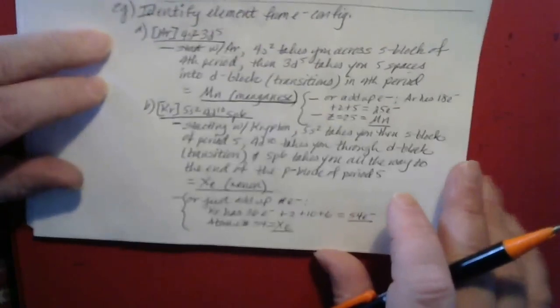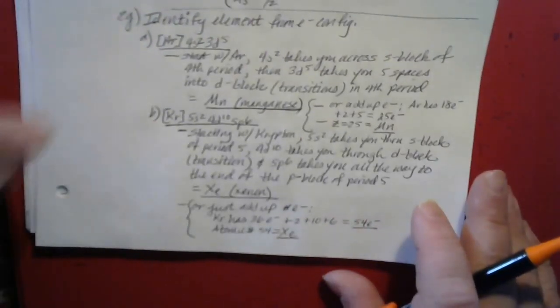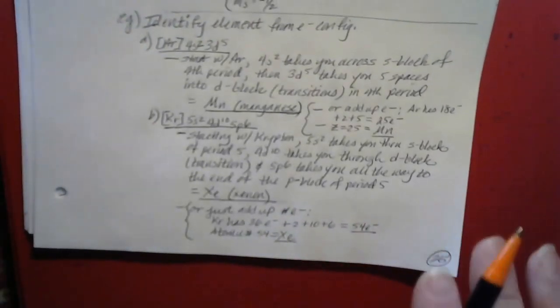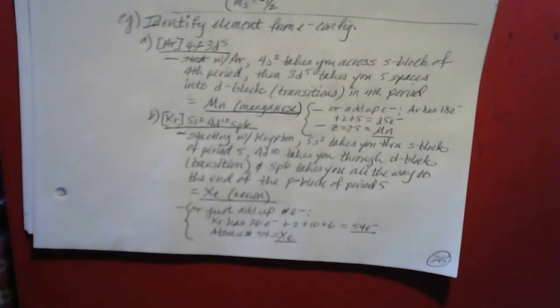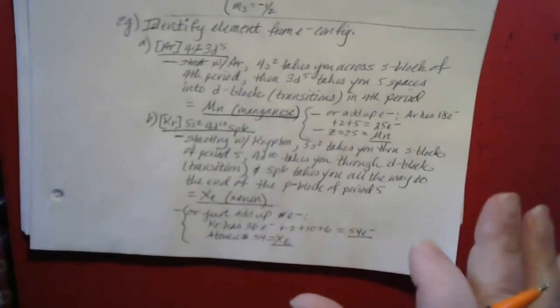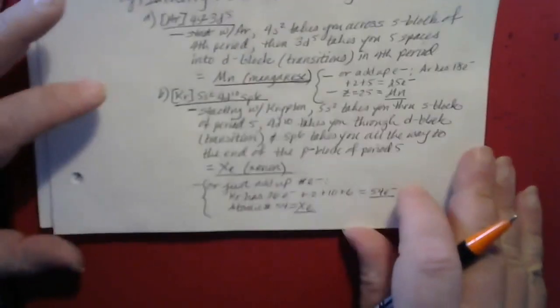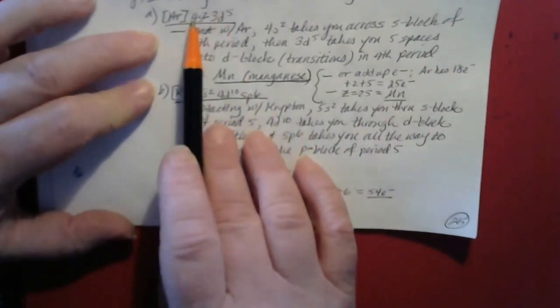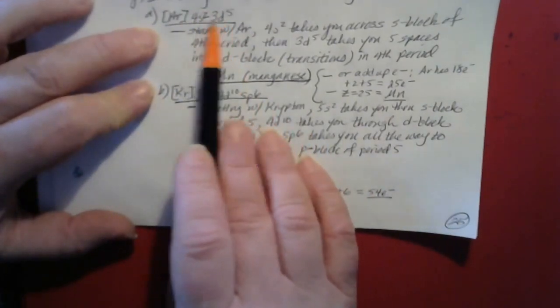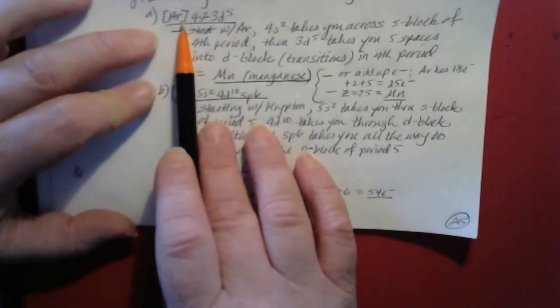You can also identify an element from its electron configuration. There are a couple different ways you could do that. One way is by looking at the periodic table and seeing what the element has in terms of electrons beyond the last previous noble gas.